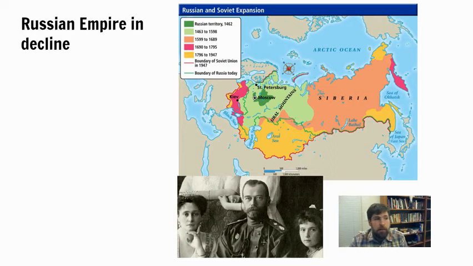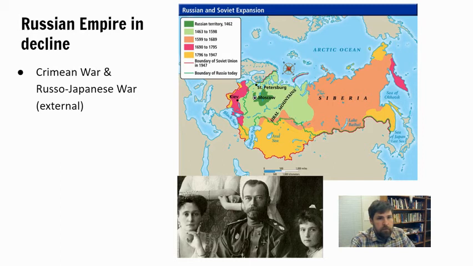The United States started off as British colonies that then expanded westward across a continent until it reached the Pacific Ocean. The Russian Empire began as a small country in Eastern Europe that then expanded eastward across the Asian continent until it reached the Pacific Ocean.